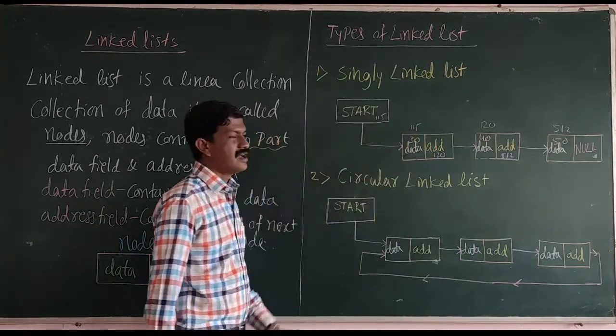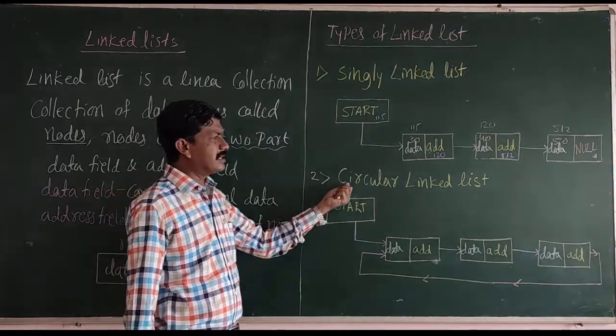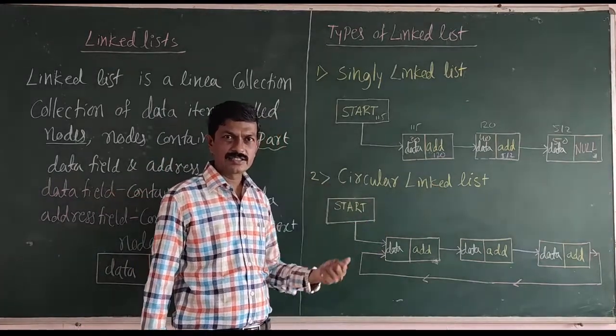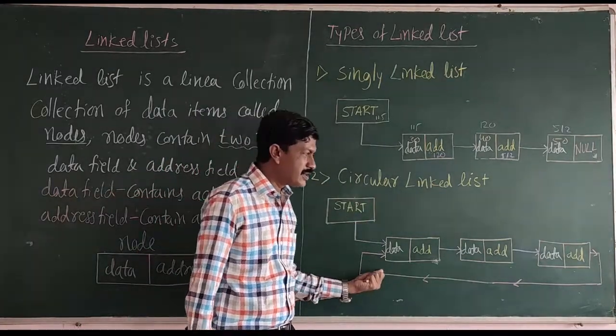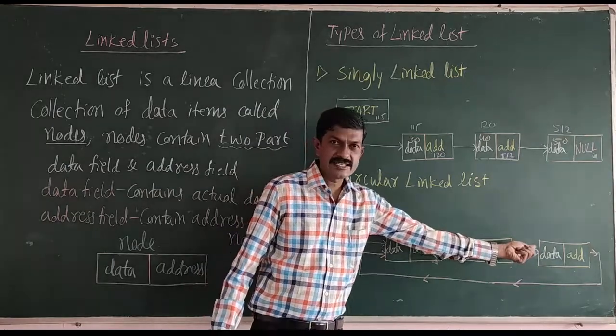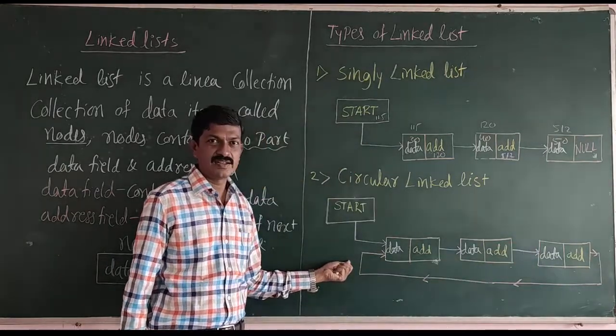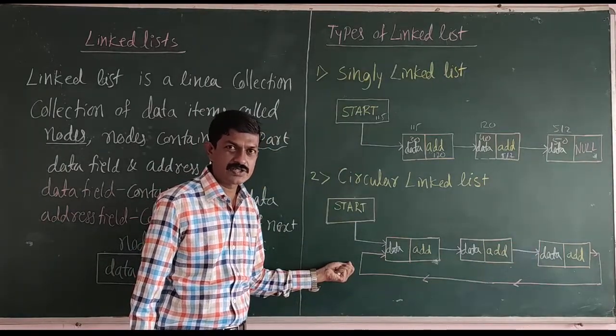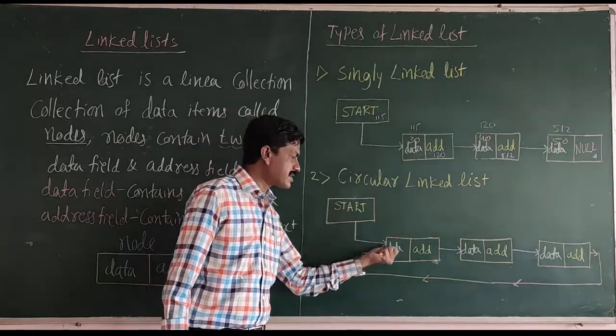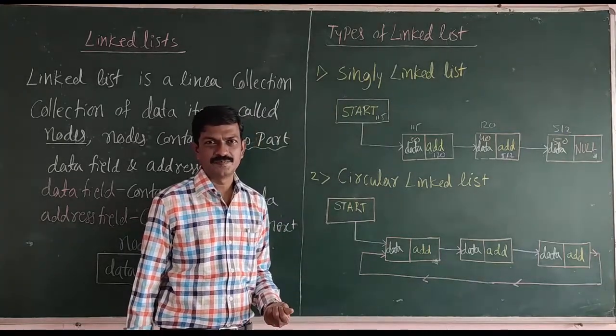In the same way, a circular linked list is also a linear collection of data items in which the last node contains the address of the first node, and the start pointer contains the address of the first node.